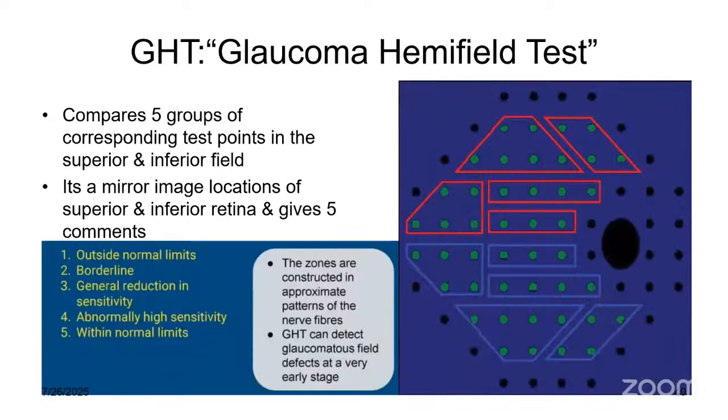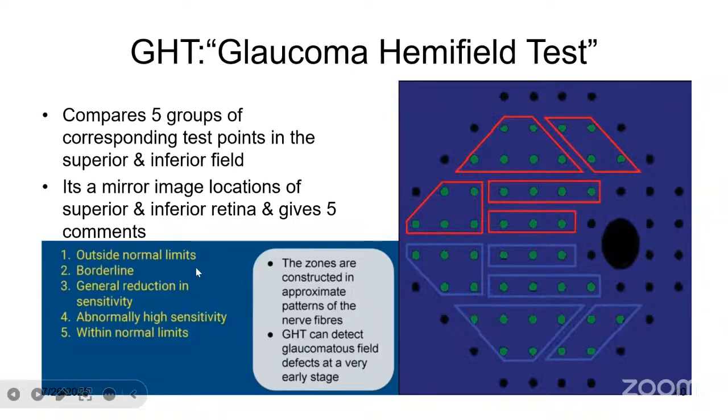So for glaucoma hemifield test, it actually compares the 5 groups of corresponding test points in the superior and inferior field, and it's more like a mirror image location of these 5 different zones.